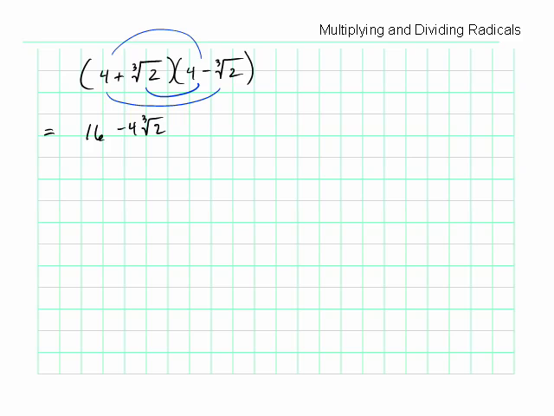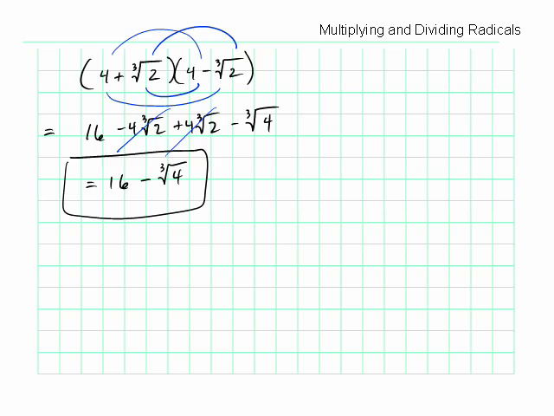Cube root 2 times a 4, positive 4 cube root 2. And then finally, we've got cube root 2 times negative cube root 2 is going to be a negative cube root of 4. Notice that these two terms do cancel themselves out, and I'm left with 16 minus a cube root 4. And there's no perfect cube in 4, so it cannot be simplified any further than that.